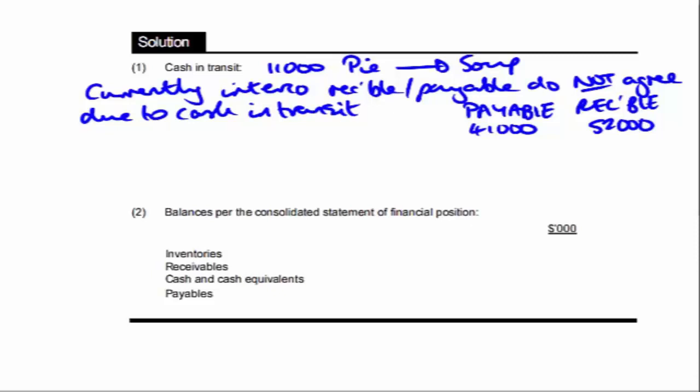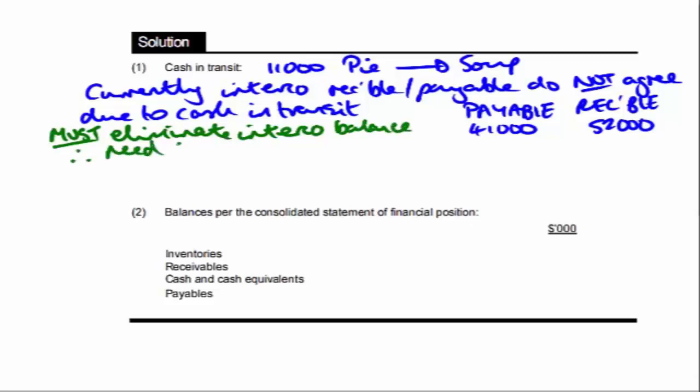We need to eliminate, so we must eliminate the intercompany transaction and balance. And therefore we need to post the cash in transit to agree those accounts first.